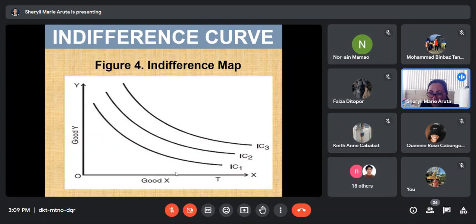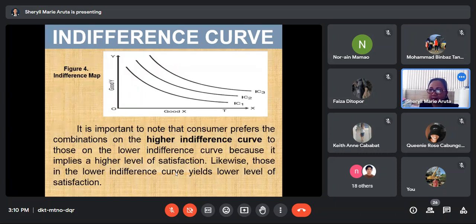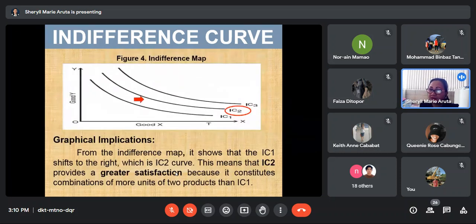So in one graphical solution, you have three indifference curves, and what you are showing is called an indifference map. Okay, what does the indifference map tell us?